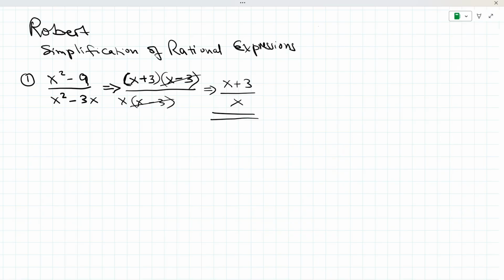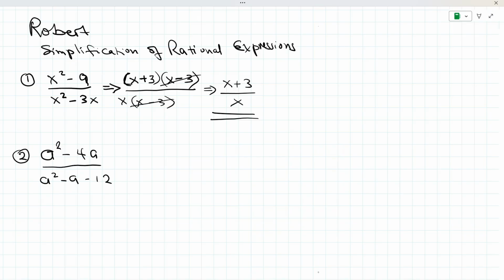Right? Okay, now let's look at a second example. Let's have a squared minus 4a, and this is divided by a squared minus a minus 12.